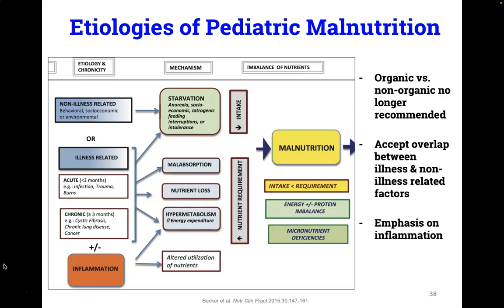The implication of a non-organic label was that the child was intrinsically normal and that failure to thrive was due to environmental factors, most commonly attributed to parental failures like neglect or indifference.